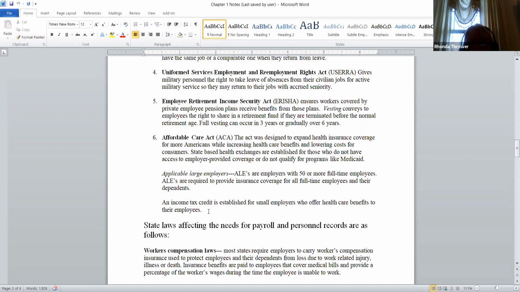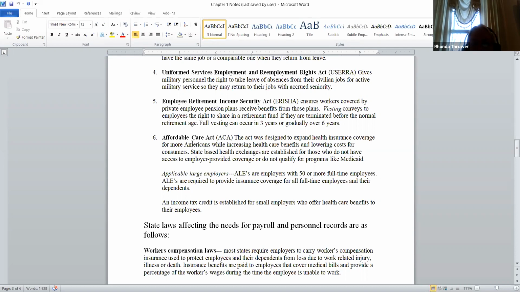This is to encourage all employers to offer some type of health care benefits to their employees. So the small companies will get a tax credit for offering benefits to their employees, but the larger companies are required by the government to offer full-time coverage for the employees.